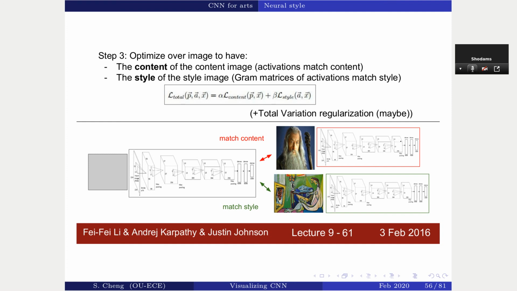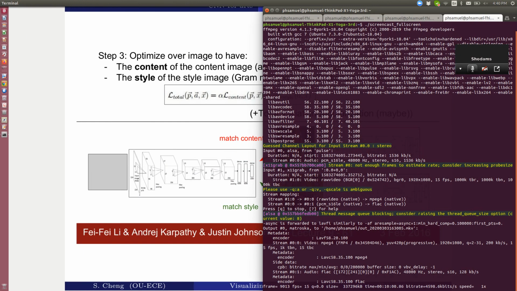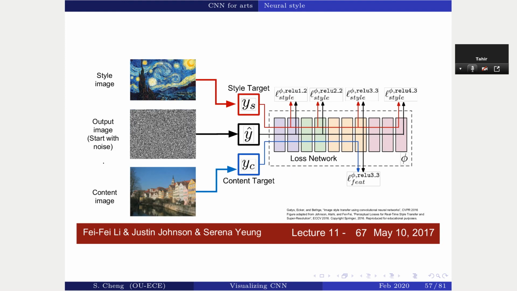But the style, I won't be able to guess how they make the style, but it turns out some really smart people figured out that the style can be extracted this way.